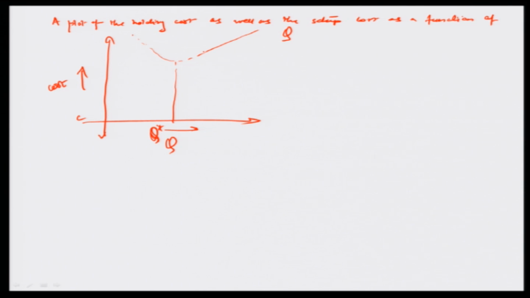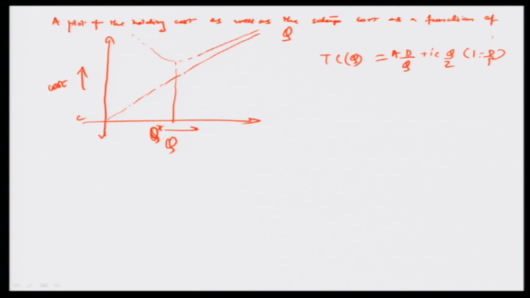If I were to plot the cost function, which is defined again as AD by Q plus IC Q by 2 times (1 minus D by P), the annual holding cost, or the inventory carrying cost, is really the linear component.